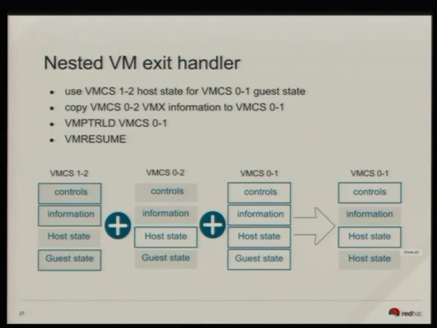The information is just copied here. And then we have VMX controls and host state for the original VMCS that launches L1, and we just use them. So again, this VMCS is going to exit back to L0 and only has the host state from the VMCS 1.2.